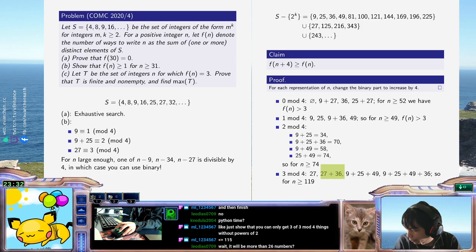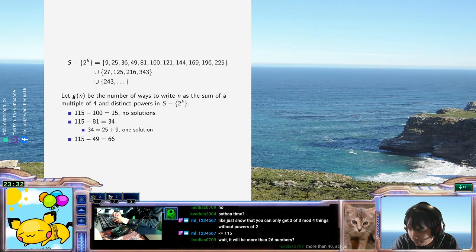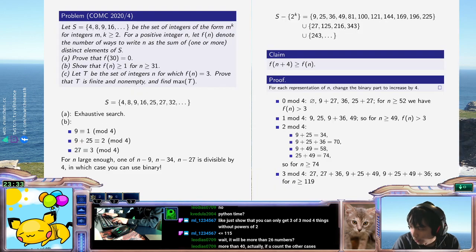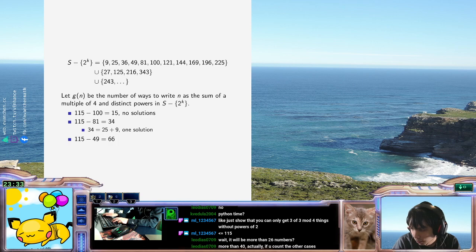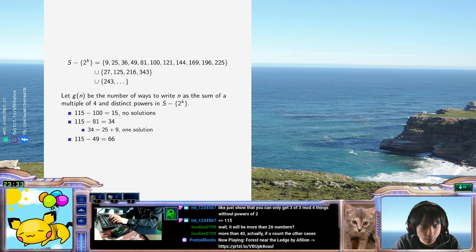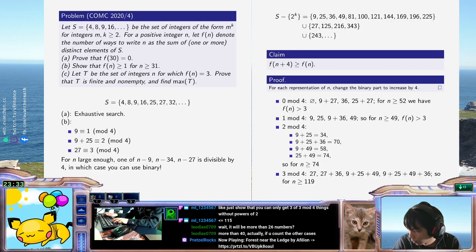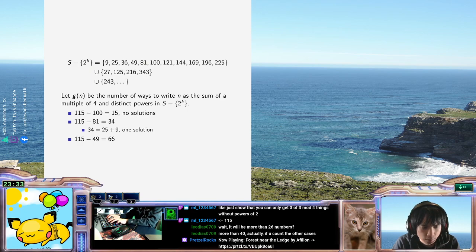Well, actually, I know what the cases are going to be. 25, 49. So, what if I wanted to compactify this?